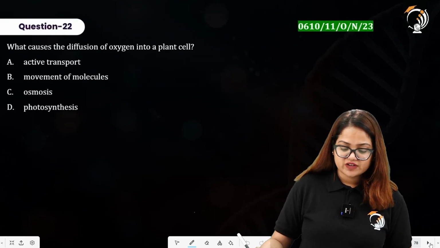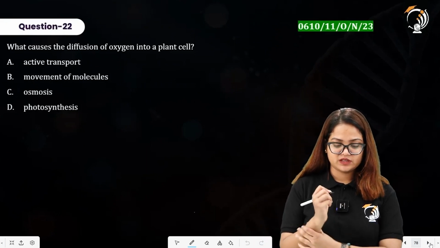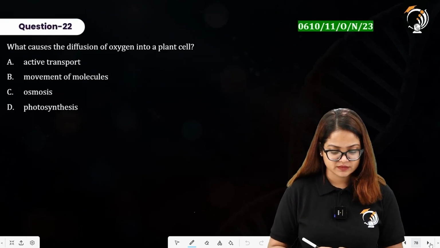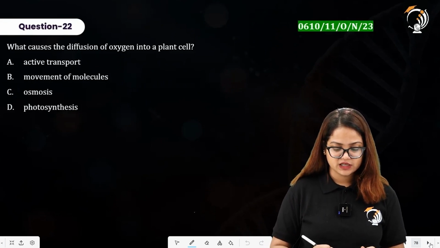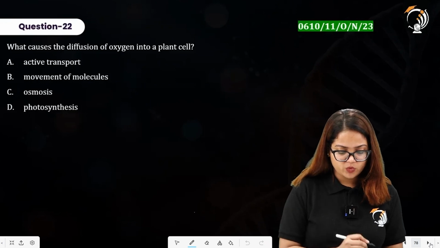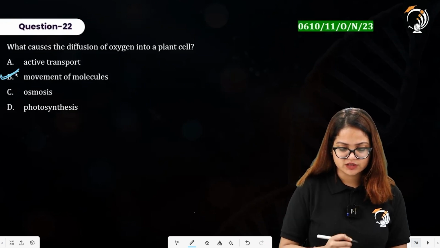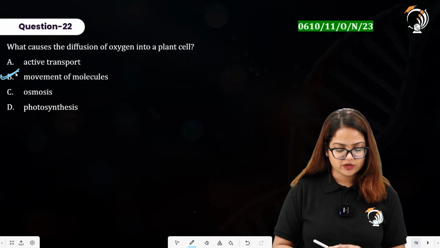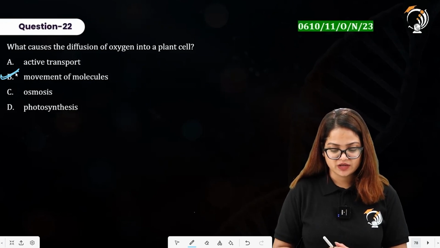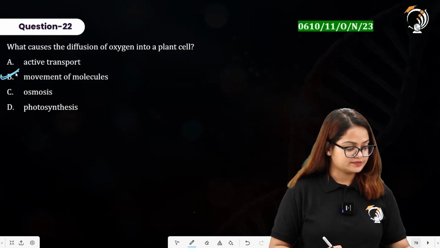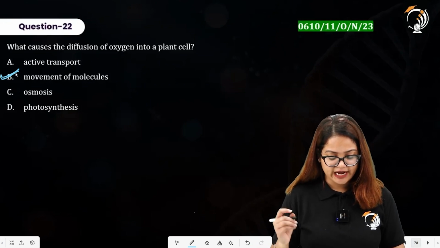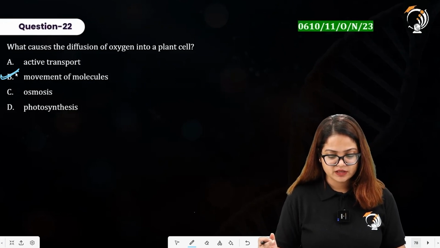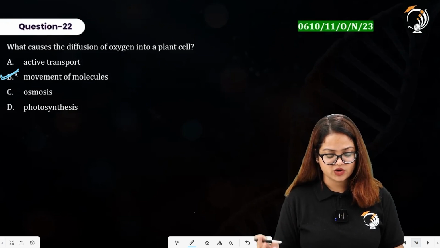What causes the diffusion of oxygen into a plant cell? Diffusion of oxygen is through the movement of molecules. What causes the diffusion of oxygen into a plant cell? Active transport is there, movement of molecules is there, osmosis.